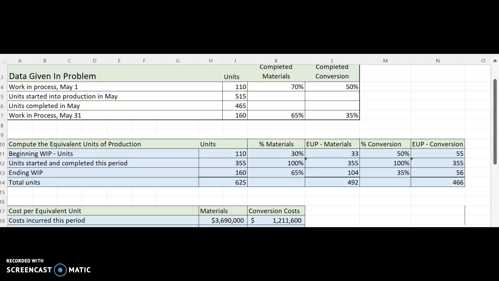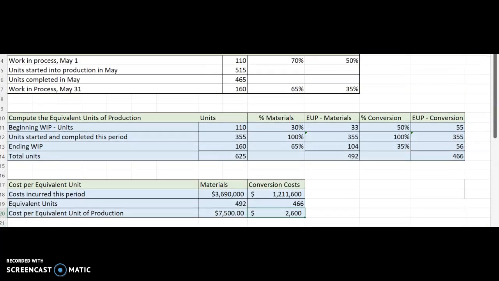Okay, and then what we're going to do is we're going to get our cost per equivalent unit. So this is going to be your total cost for materials.